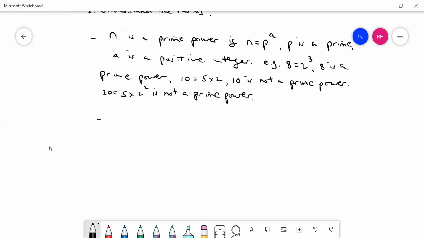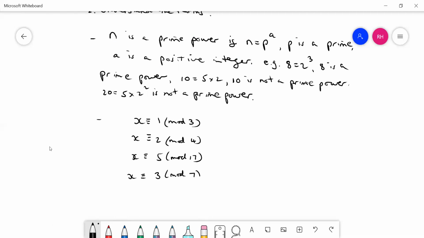But the idea here is that if you had something like x is equivalent to 1 mod 3, x is equivalent to 2 mod 4, x is equivalent to 5 mod 17, and x is equivalent to 3 mod 7. Now there can be any number of these.